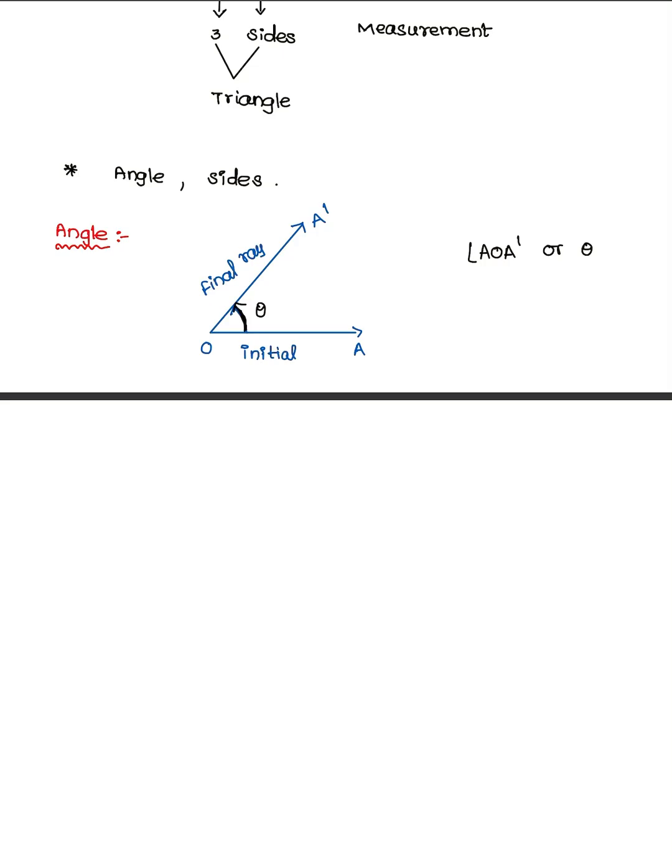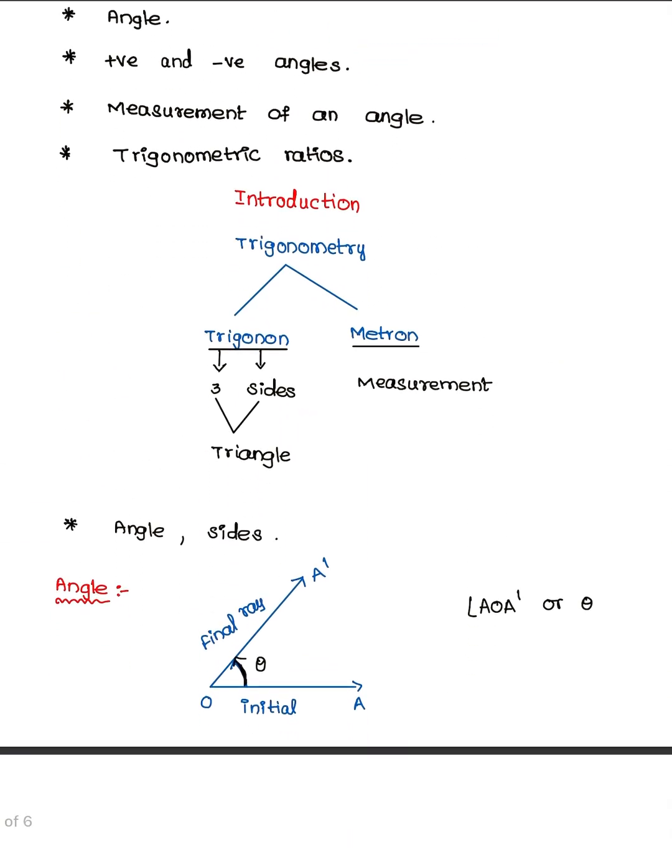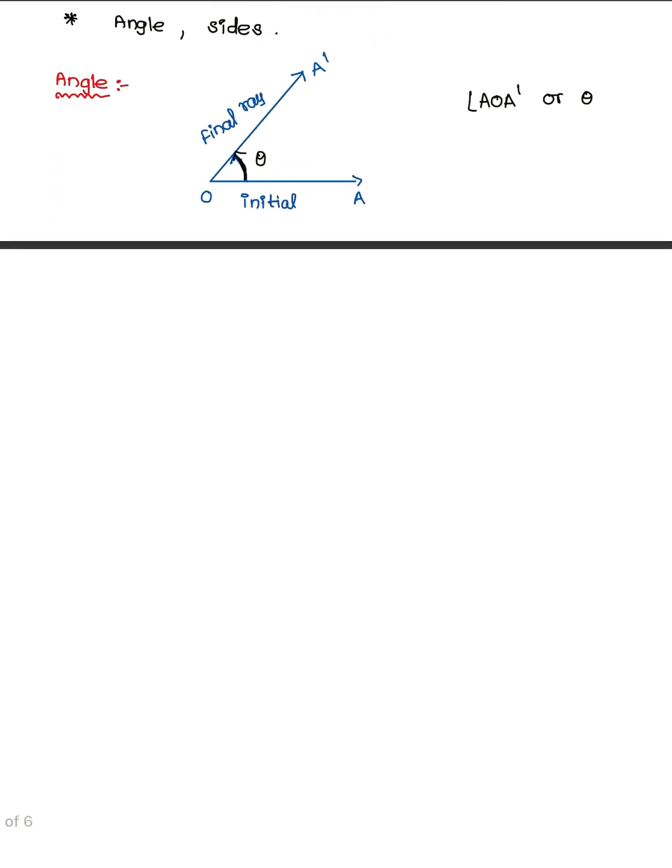So we move to the next concept, that is positive and negative angle. When do we say the angle is positive, and when do we say the angle is negative? So in case of a positive angle, the amount of rotation from initial ray to final ray. Suppose observe the diagram. This is OA, the initial ray I am taking, and the final ray is OB.